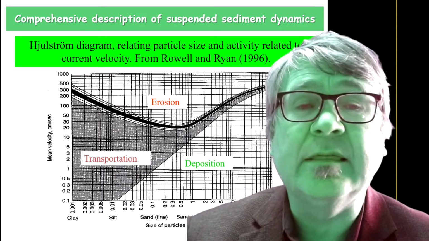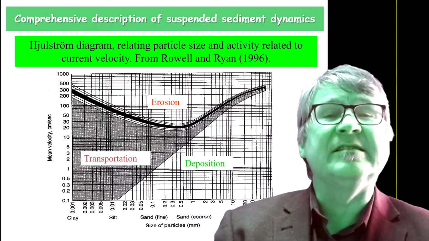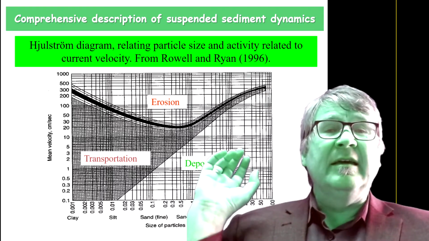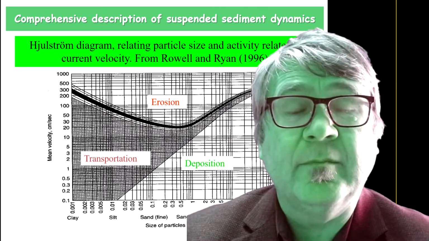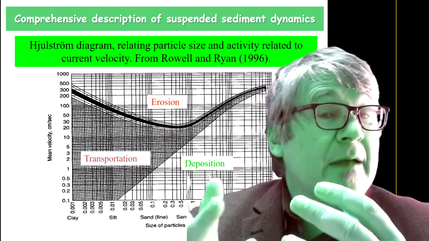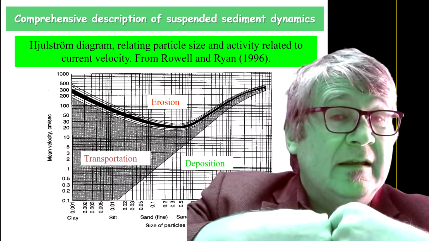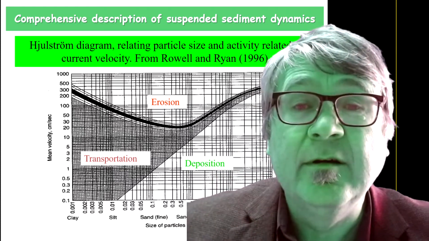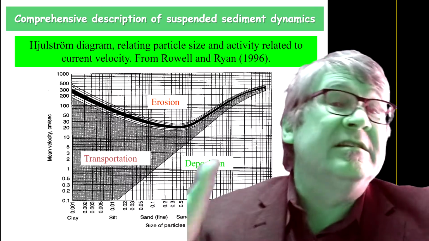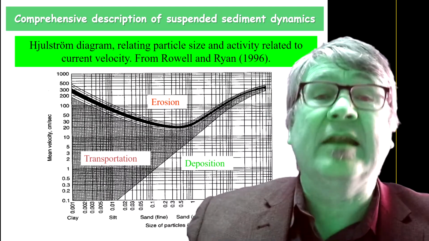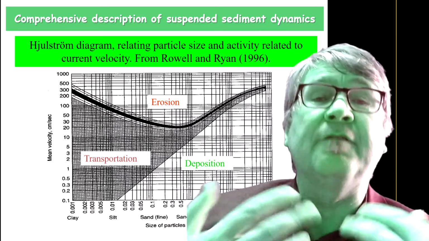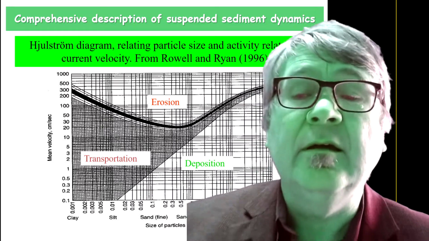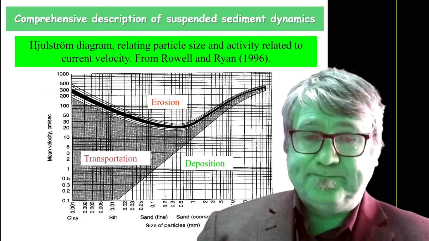What it means is that the very fine sediment, clay and silt, actually can stay in the water column essentially forever. Once it's in there, it can be moved around, can be dispersed, and this can decrease the concentration, but it will never fall back to the seafloor because there's always enough turbulence to prevent this from happening.